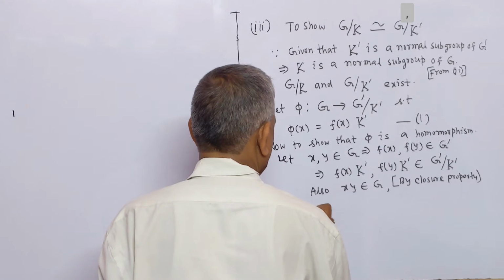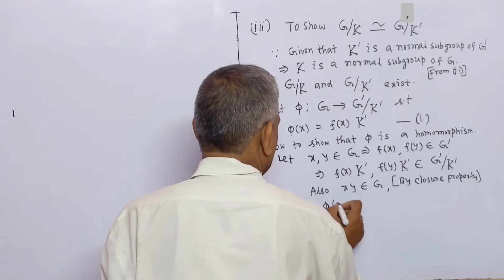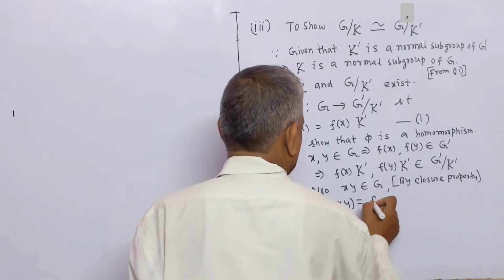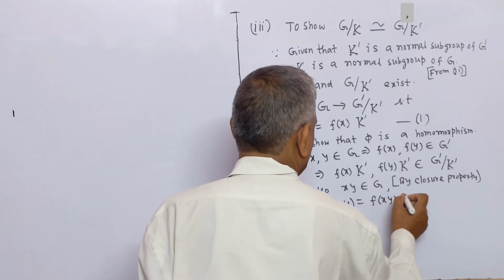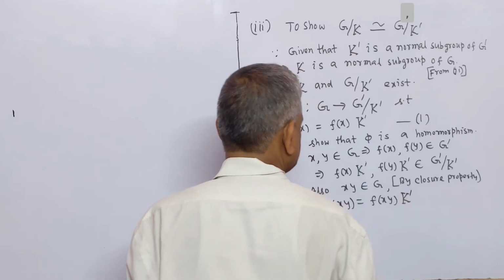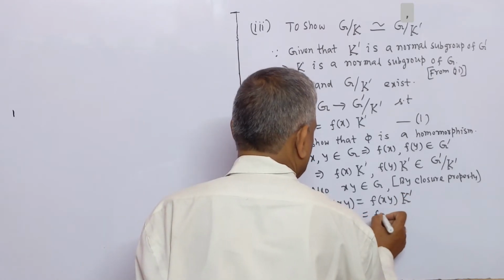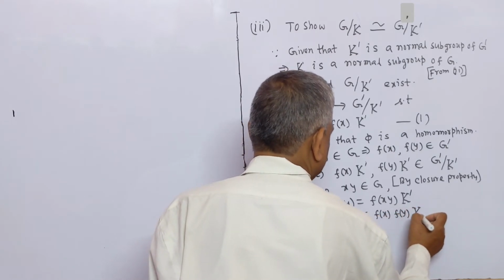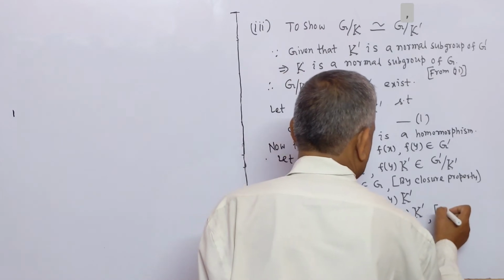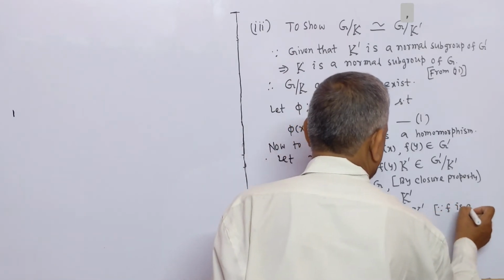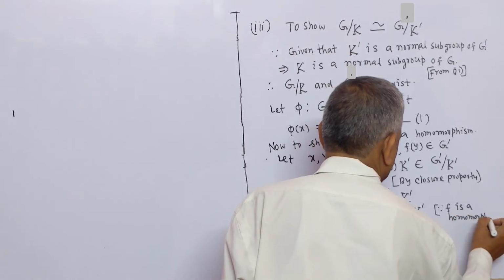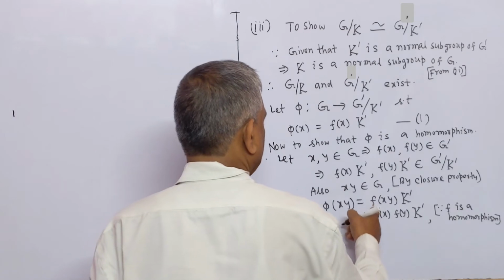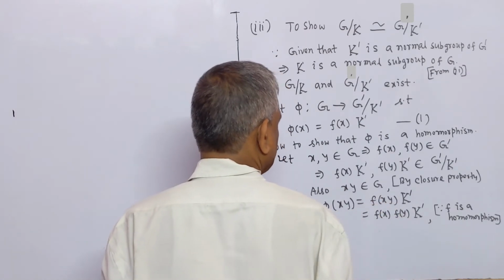Now, phi(x y) equals f(x y) K', and this equals f(x) f(y) K', since f is a homomorphism. So f(x y) equals f(x) f(y).